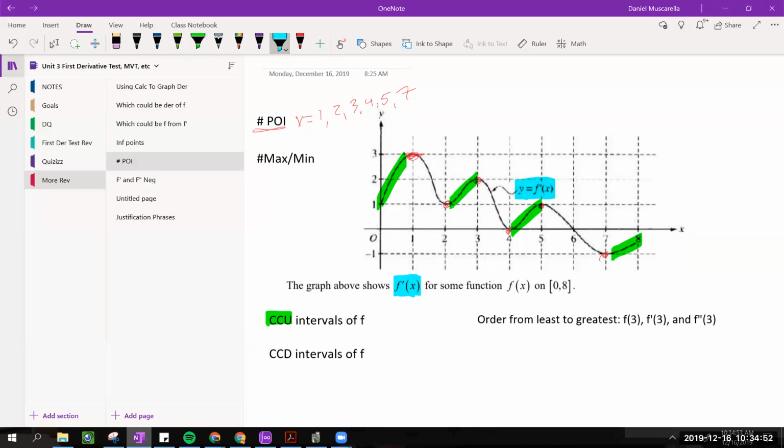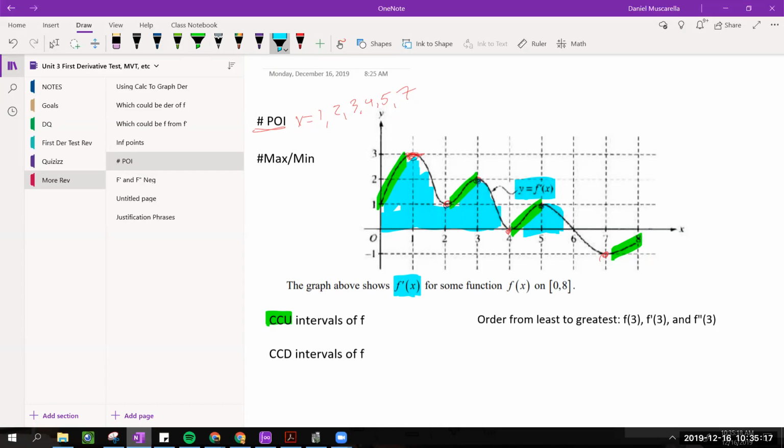So your original function. I'm going to highlight this part in blue. Anything that's above the x-axis, that's where your first derivative would be positive. And right here, your first derivative is positive. Are you okay with that idea? Yes. Right. So all those blue regions that I just colored in, that's where your original function would be increasing.